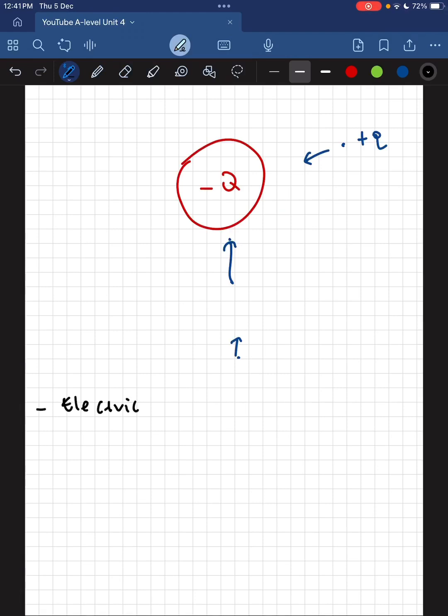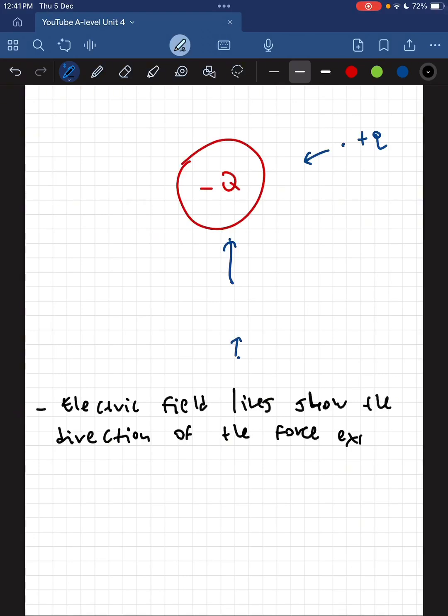So electric field lines show the direction of the force experienced by a test charge, by a test positive charge, small q.